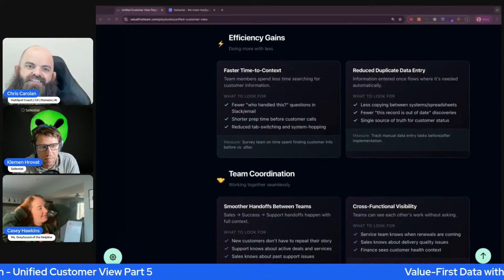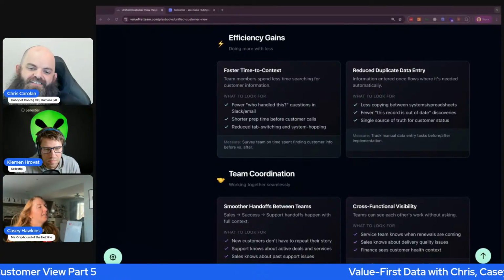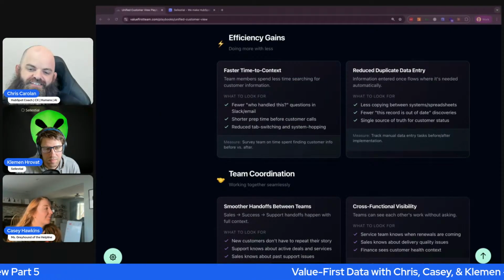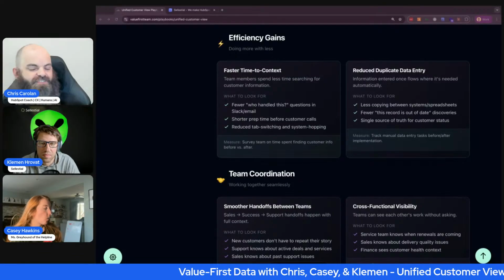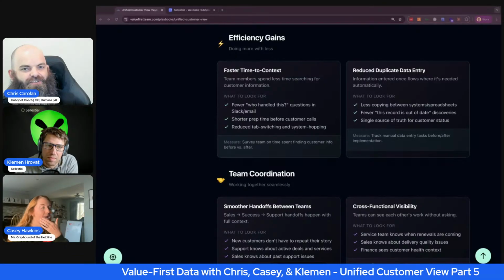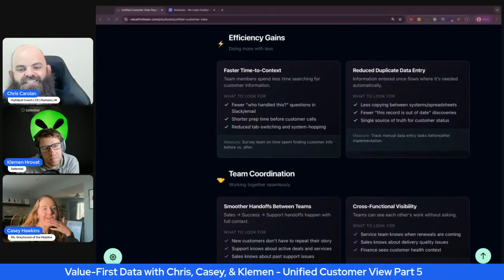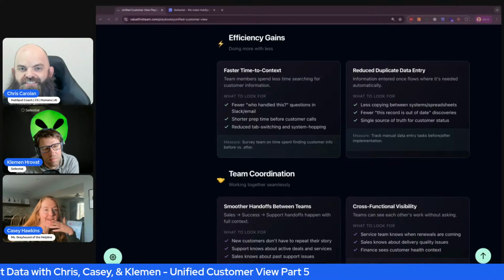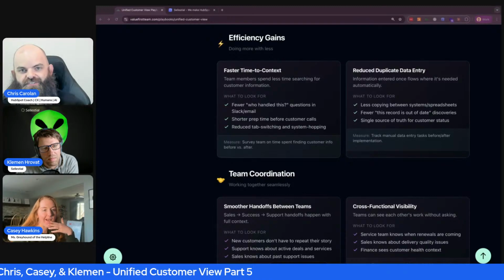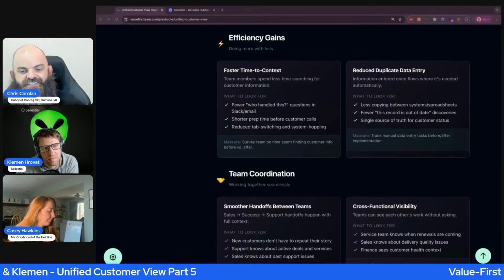Faster time to context. I think we're moving into the world, if we're not already there, where the right context equals the right value, right? And the wrong context almost certainly equals the wrong value.